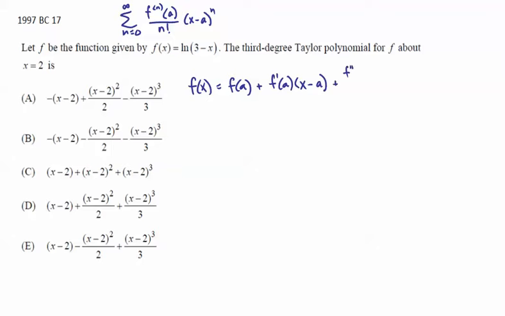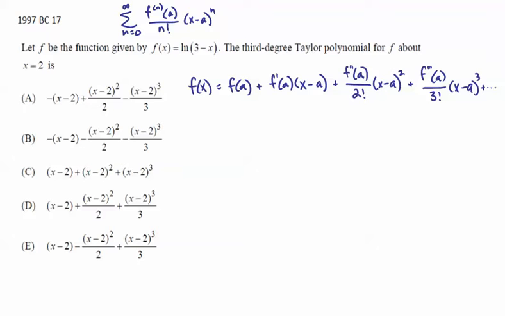Second would be the second derivative evaluated at a over 2 factorial times x minus a to the second power. And finally, the third derivative evaluated at a over 3 factorial times x minus a to the third power. And it goes on from there.